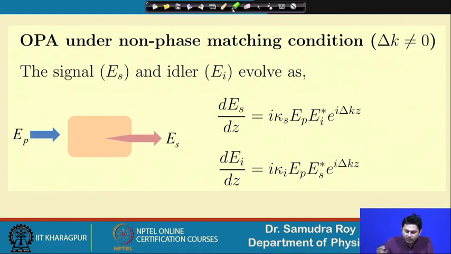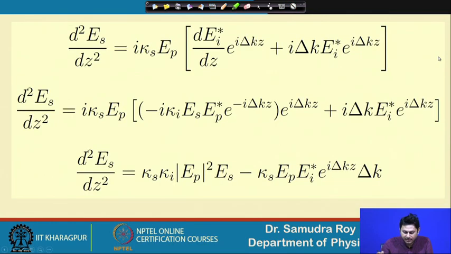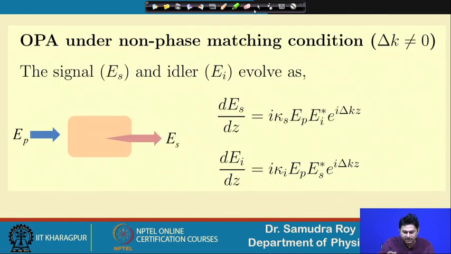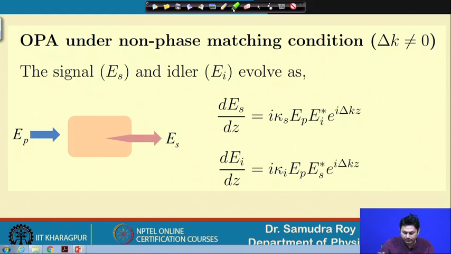Delta k not equal to 0 essentially means absolute phase matching is absent. Once there is no absolute phase matching, the e to the power of i delta k z term will appear here.